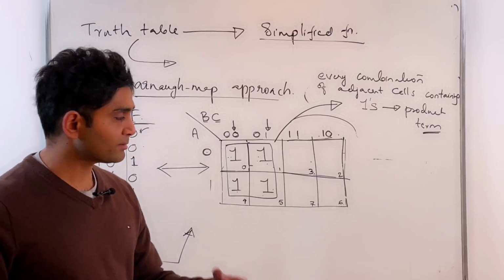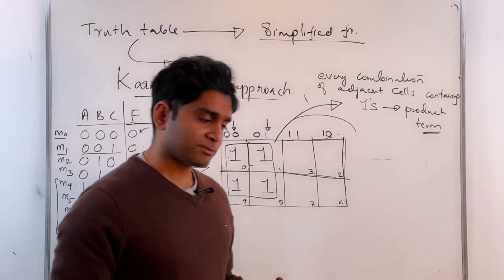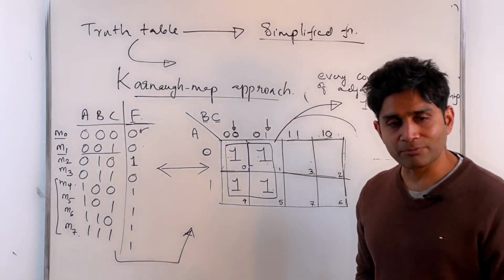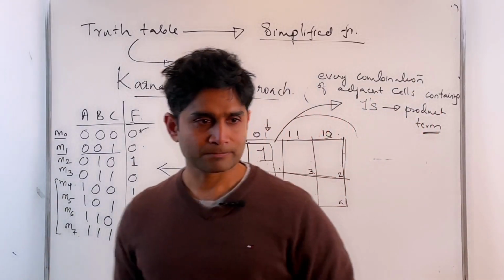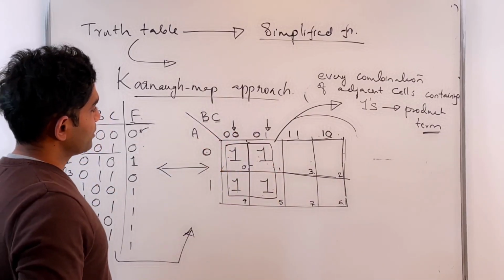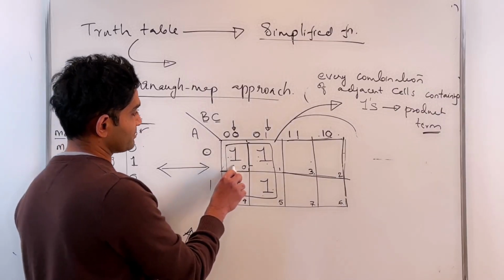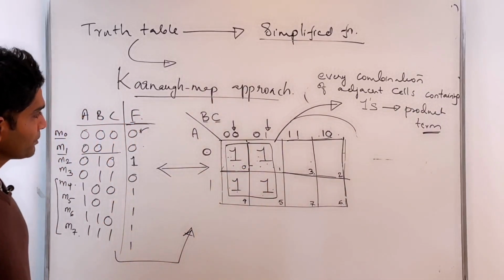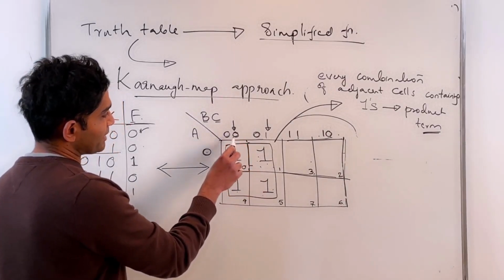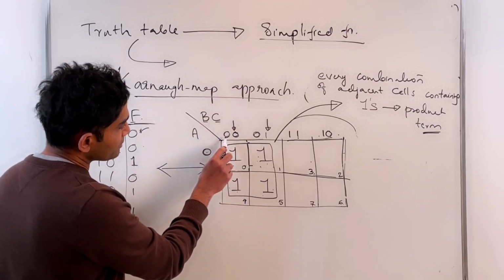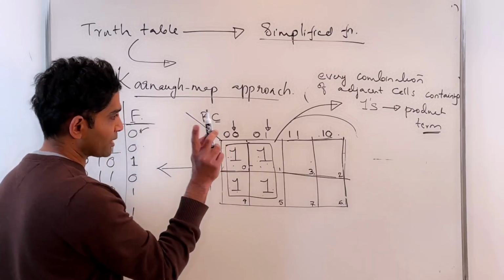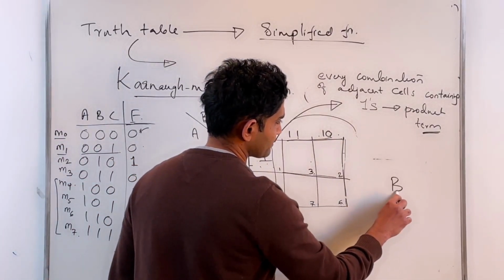And how do I get this? I keep those variables that do not change when I go from one cell to the next, and eliminate the variables that do change. So what are the variables in this 4-cell combination? I go from this cell to this cell. What changes and what does not change? From this cell to this cell, I see that my B remains as B prime, does not change. So that's part of the product term.